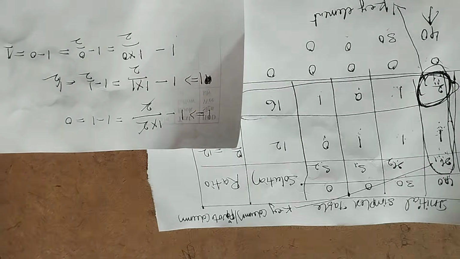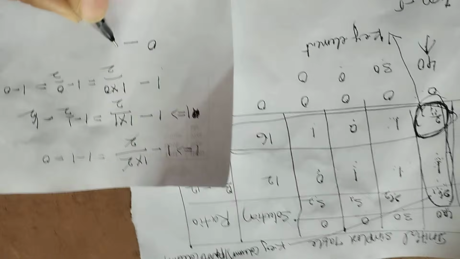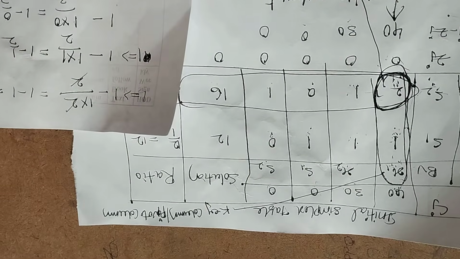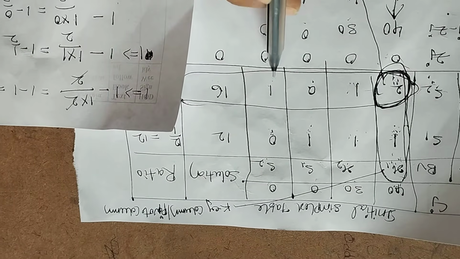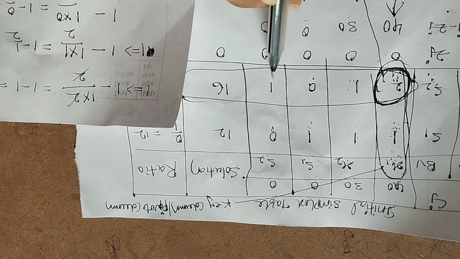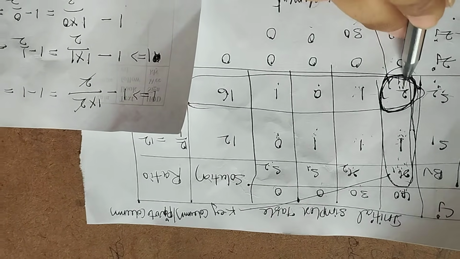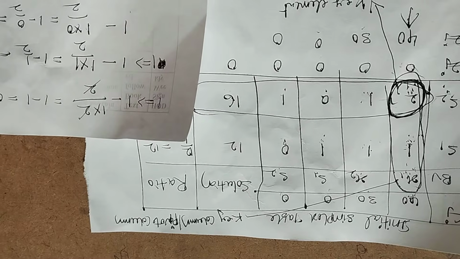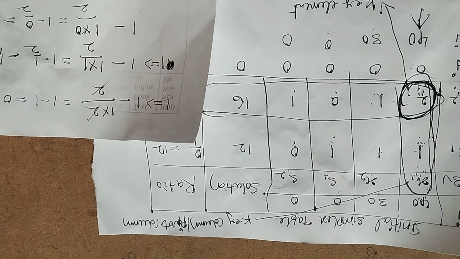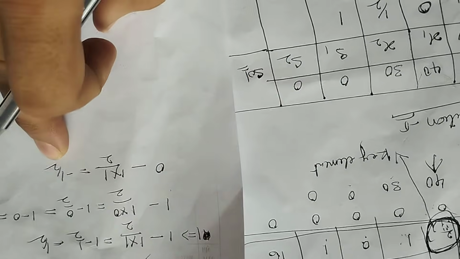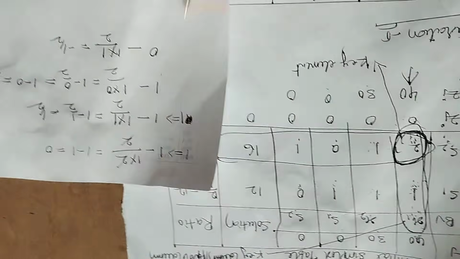And next, the next value is 0. 0 minus corresponding key column value 1 into corresponding key row value 1 divided by key element 2 equals minus 1 by 2. Write this minus 1 by 2 instead of 0.